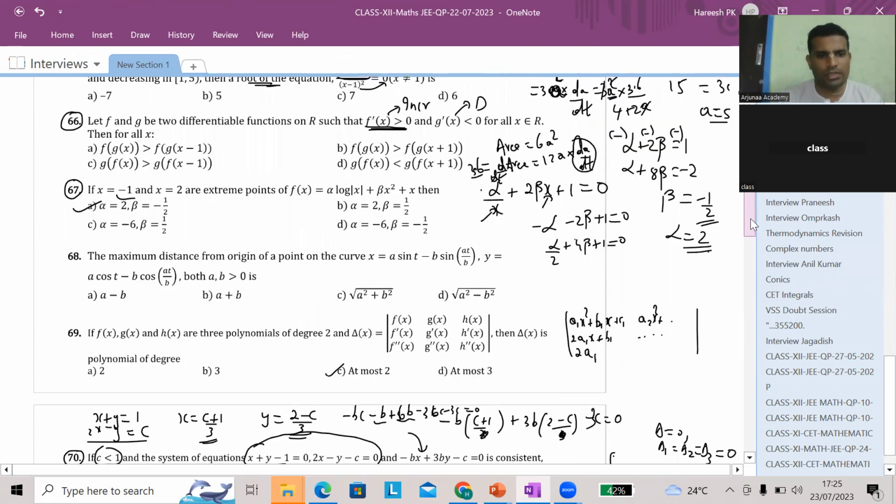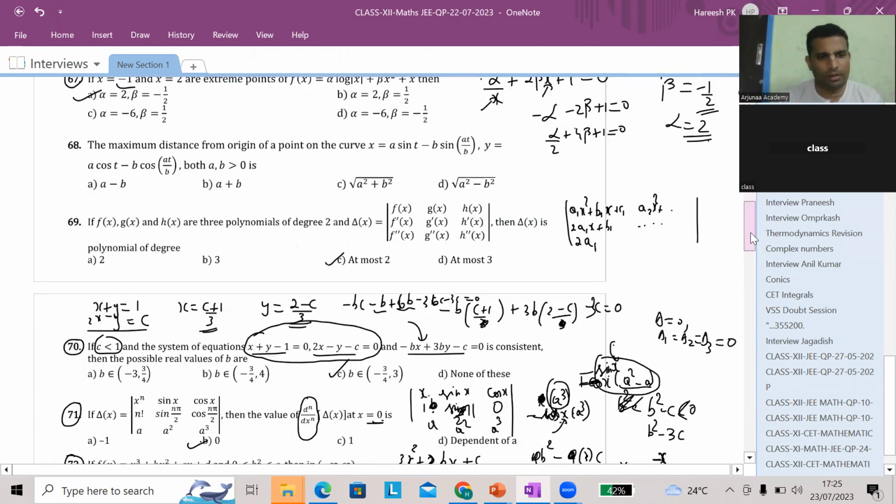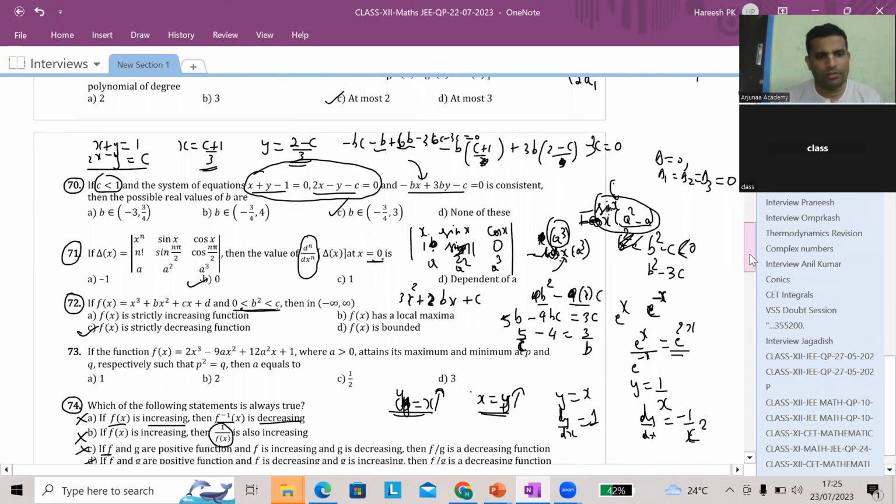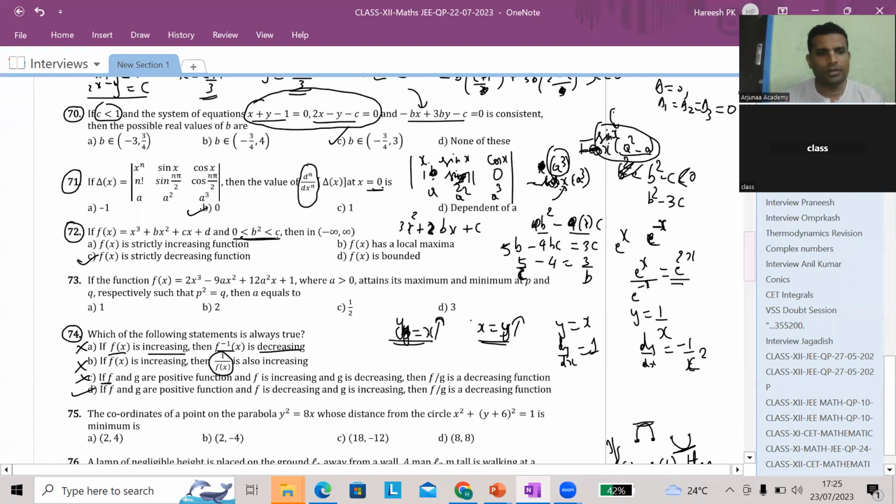Which is the other question we got stuck on? Nothing, no? Nothing. Even the 73rd is easy. They're saying so at P it attains maximum and minimum it attains at Q. And they're also saying P square is equal to Q. Can you differentiate?